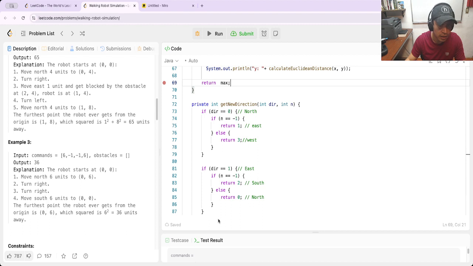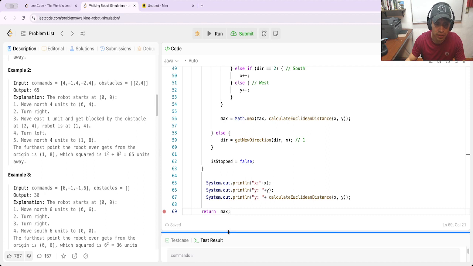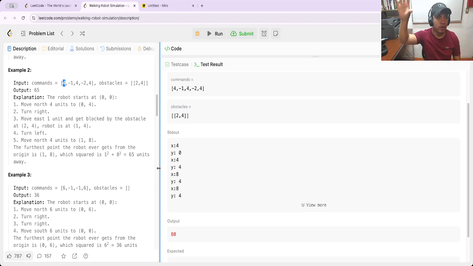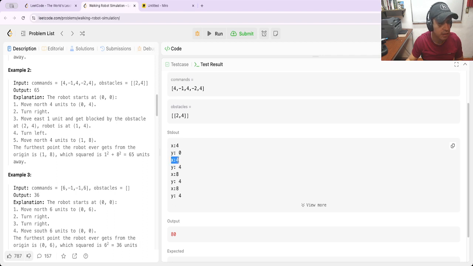Well, at this point, in example number 2, it mentions that we start at 0, 0 and we walk in the north direction, okay, without any obstacle. Now the next is 'less one', which is to the right, basically east, but we can only walk one step because in number 2 this obstacle appears, in this case 4.